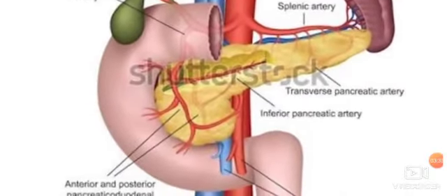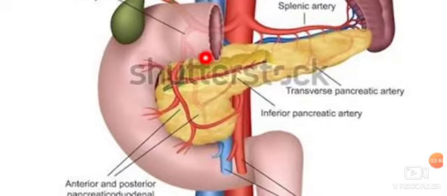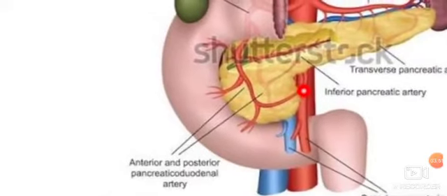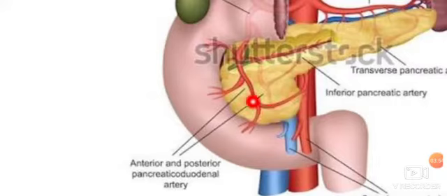In this picture we can see the superior border has the superior pancreaticoduodenal artery, then the inferior border has the inferior pancreaticoduodenal artery. In this picture these arteries, both superior and inferior pancreaticoduodenal arteries, are not close to the borders and appear as if they are present over the surface, but actually these arteries are present along the borders.